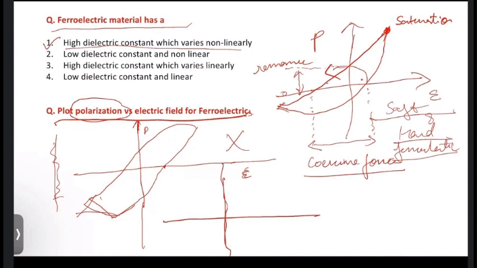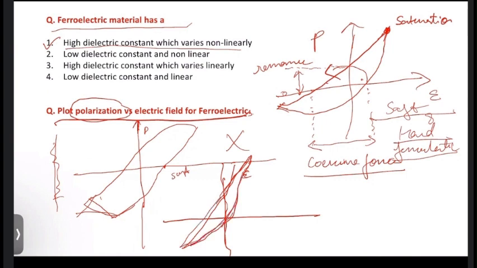So the plot for the soft one will look like this. It will be very sharp. This part is smooth, this part is also smooth.